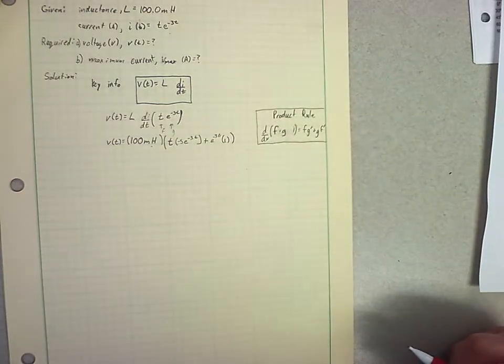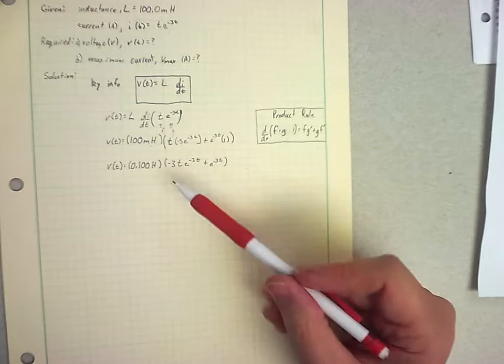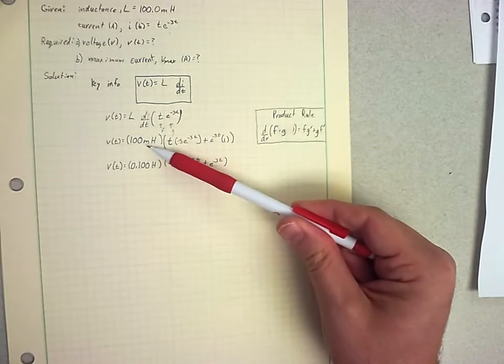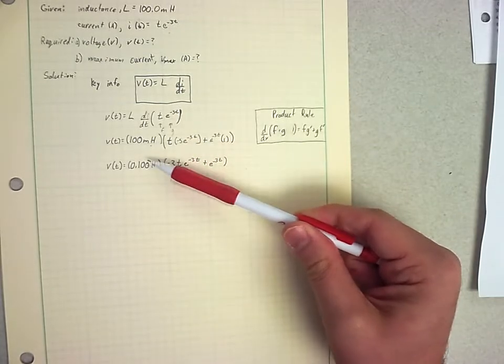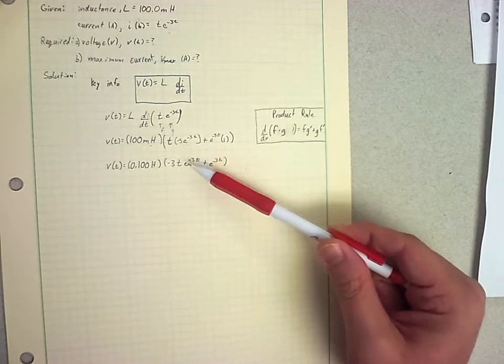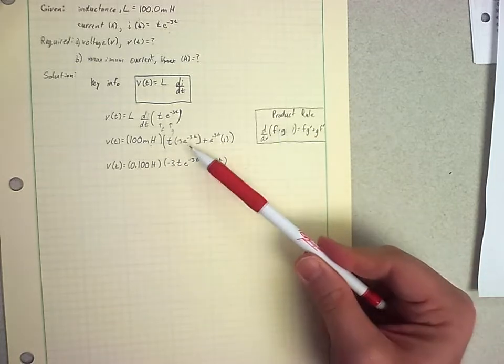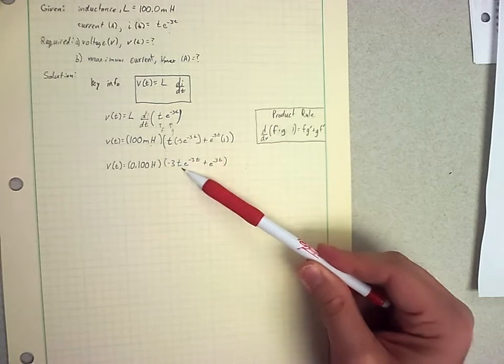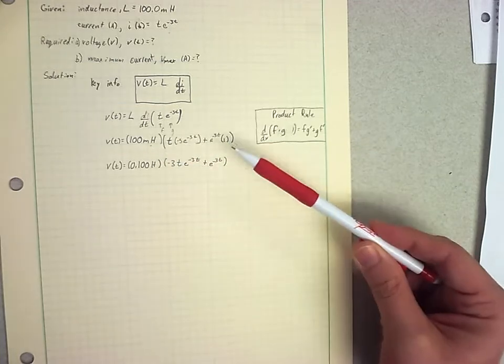Then we should simplify that. One thing I did is I changed millihenries into henries, which will be useful because we need to get the right units in the end. I changed our expression, and then I just simplified, removed the negative 3 out front, and here I removed the negative 1.